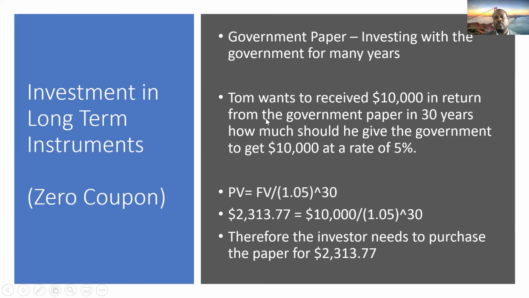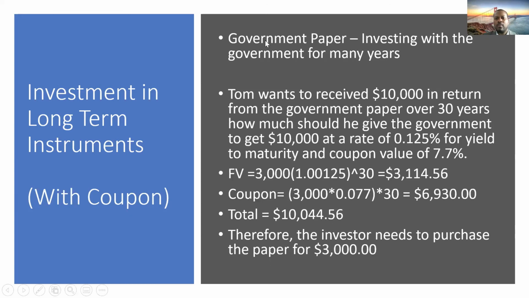Okay, so now let's have a look at an instrument where we have another principle. We have the principle of a coupon. A coupon is where we have a fixed rate of return per annum, and then we have the other principle of the yield to maturity.